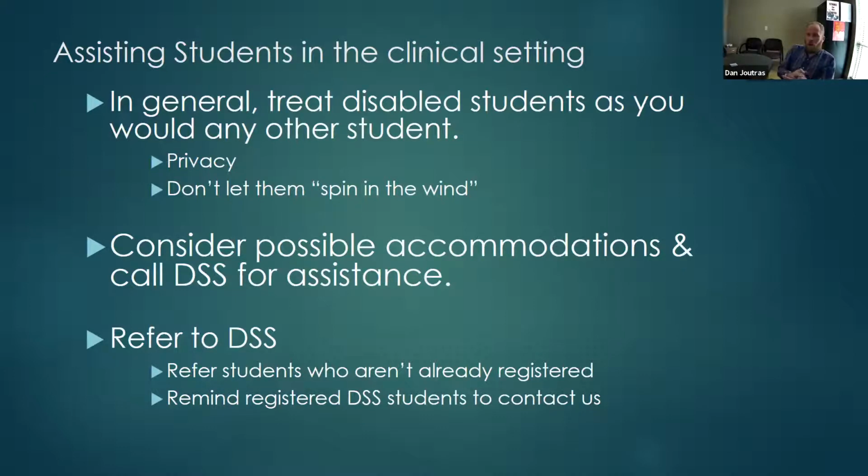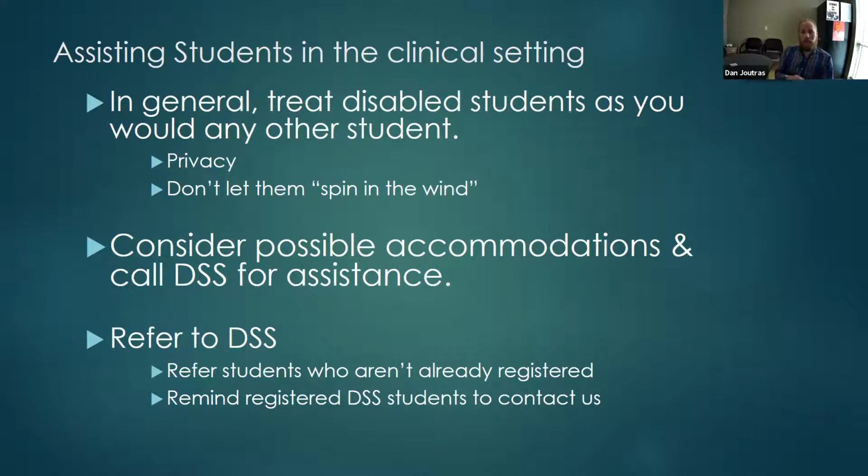So in general, we want to ensure that you are treating disabled students as you would any other student. Privacy, confidentiality, that's very important. So in the event of you being notified that a student has registered with our office and is eligible for certain services, it is a confidential matter where you are not allowed to disclose that information to anybody else, or to be questioning the student, or inquiring why they are eligible for a certain service.